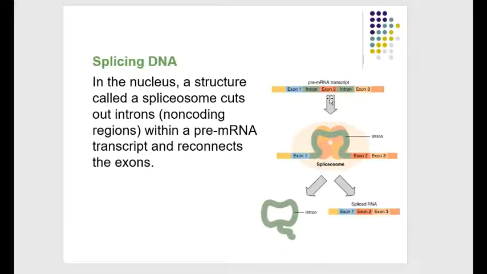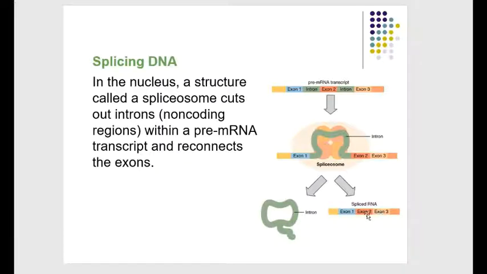These intron regions are going to be removed because they are non-coding regions, meaning regions that are not important for this protein synthesis. So it's going to be removed by this protein called a spliceosome. A spliceosome is going to cut out the introns, leaving just the finalized mRNA material that only has the exons that we need.